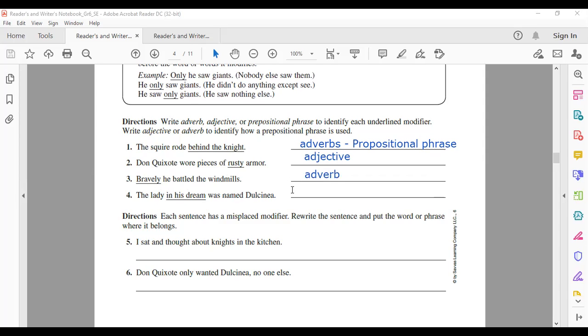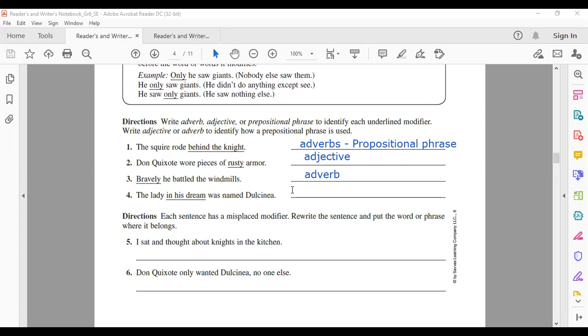Number 4, Lean. Are you there, Lean? Yeah. Okay. Read number 4, please. The lady in his dream was named Dulcinea. So in his dream right here, what is it?